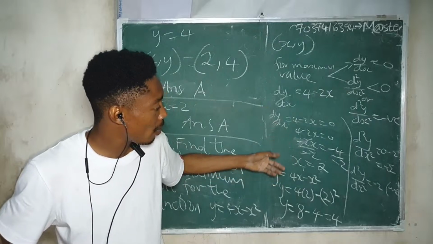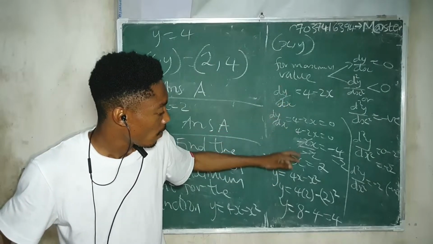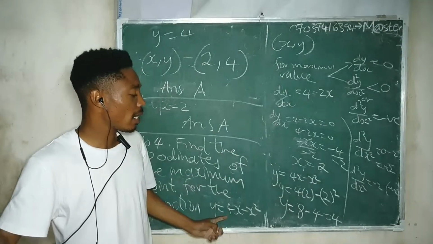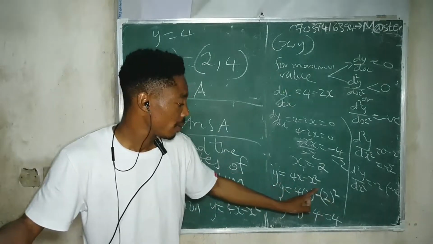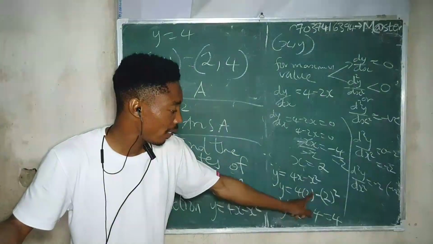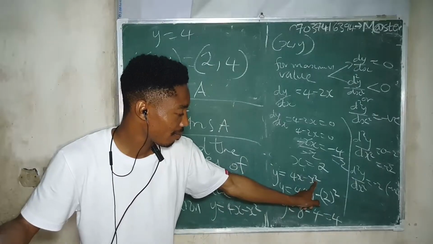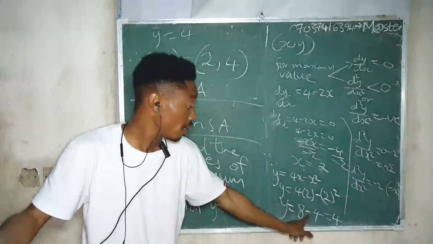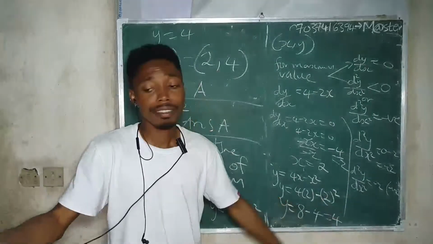Now, from there, we used the value of x as 2 and went back into the equation of y to find the value of y. So 4 into 2, that gave me 8, minus 2 squared, which is 4. That gave me 4.